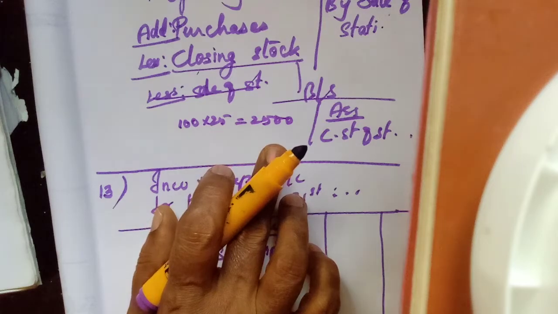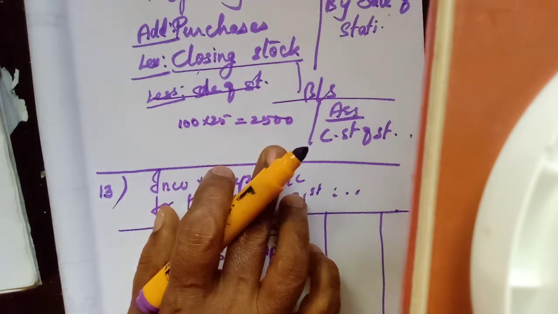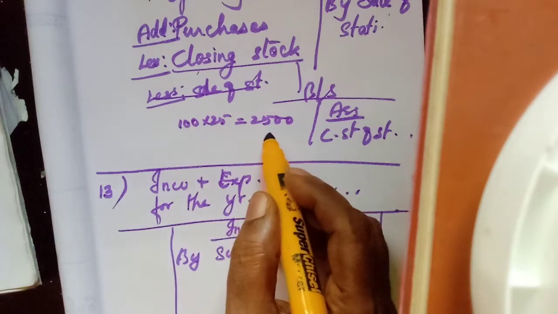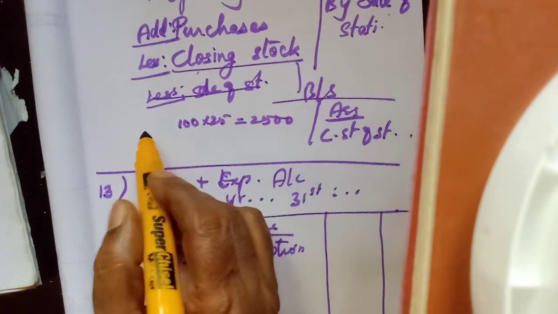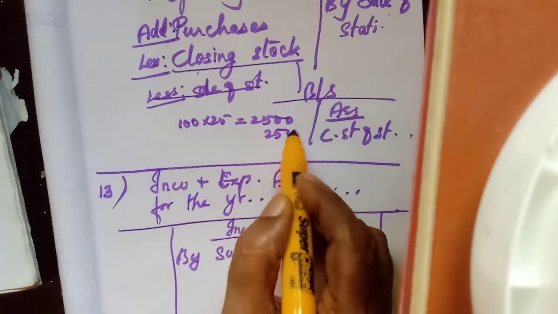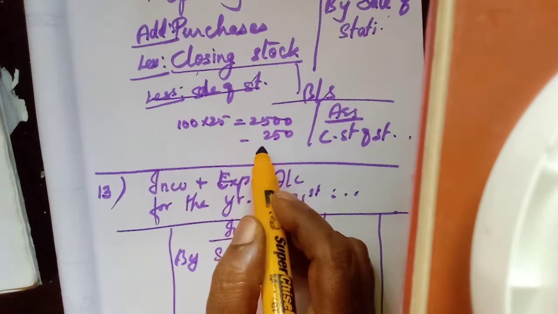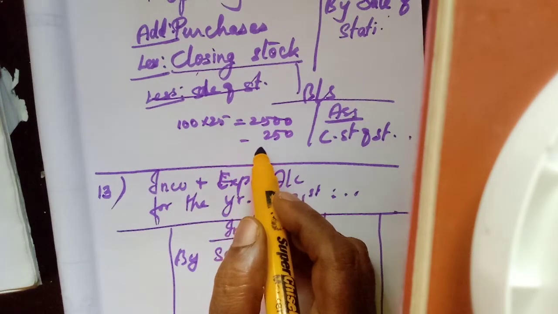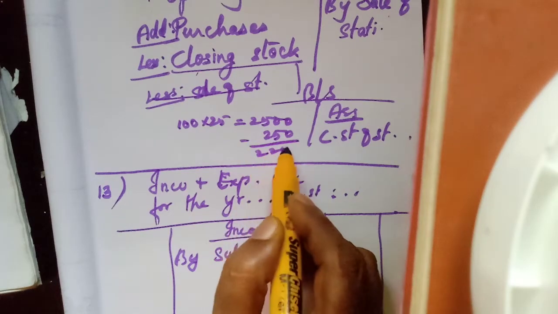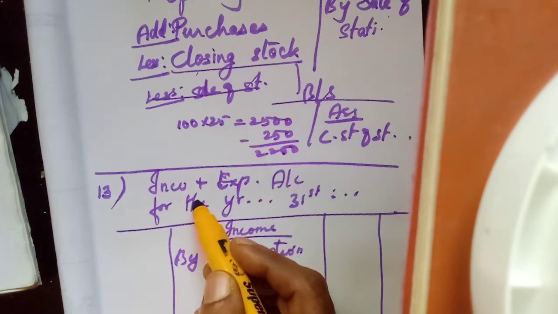Actually, by the end of the year, 10 members had not paid. 10 into 25, 250. They have not paid. So how much have we received? 2250 we have received.